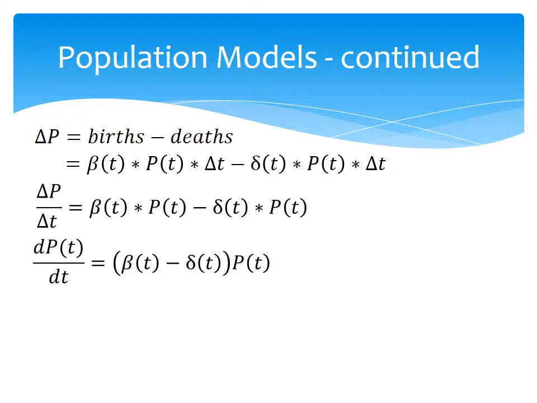Well, the big question in this is, what is our beta and what is our delta? So to do this, that depends on the population you're looking at. Now, beta can be a function of the present population times some constant a, or it could be this function where c and d are constants.